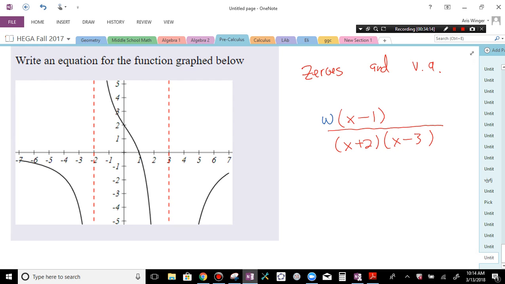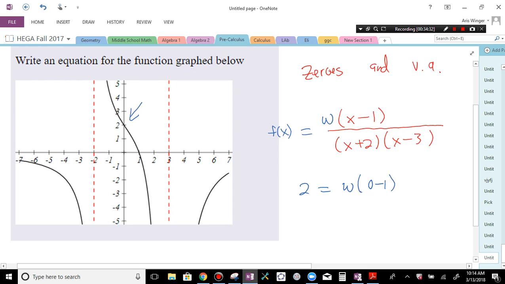I need omega so that at 0 I get 2. So here's f of x. At 0, you're 2. So 2 is equal to omega times 0 minus 1 over 0 plus 2 times 0 minus 3. 2 equals negative omega over negative 6.